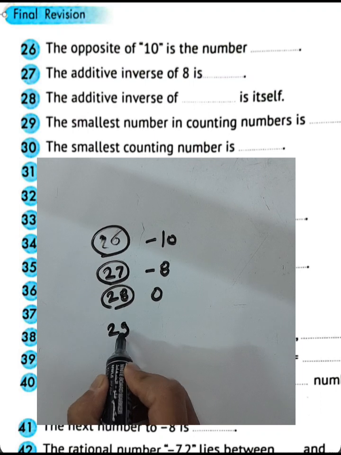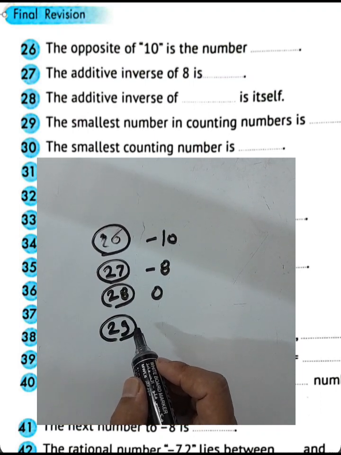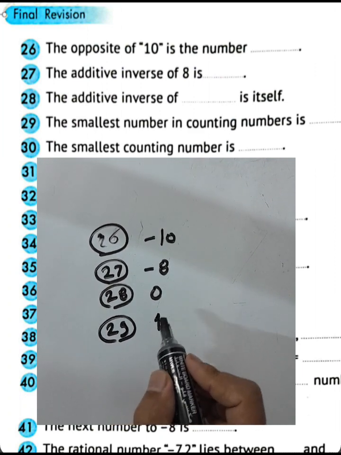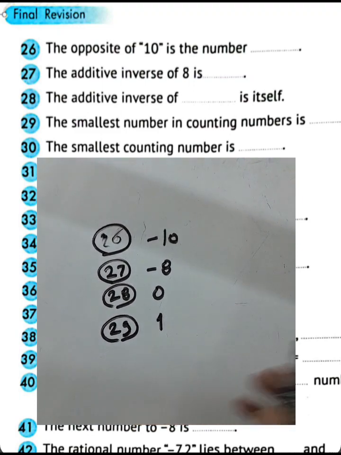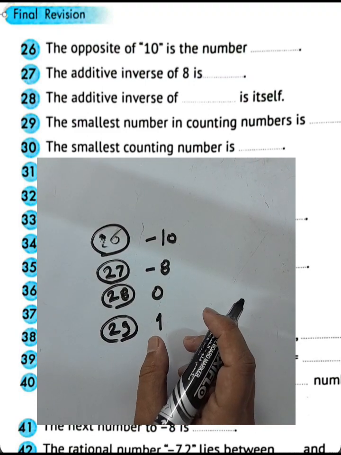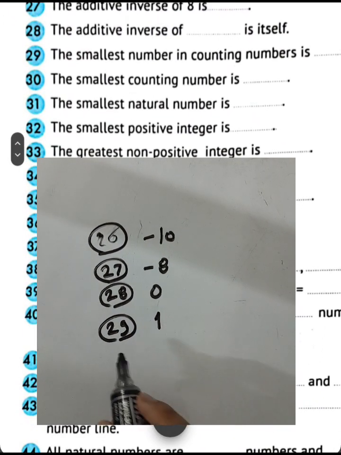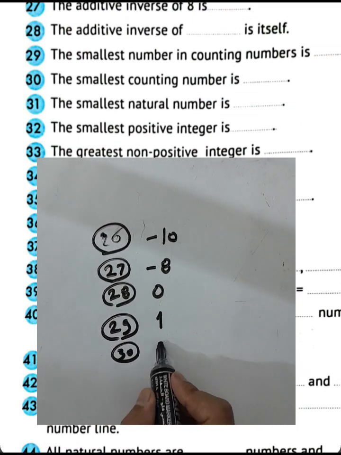Question 29. The smallest counting number is 1. The set of counting numbers begins with 1, 2, 3, 4, to infinity. Question 30. The smallest counting number is 1.